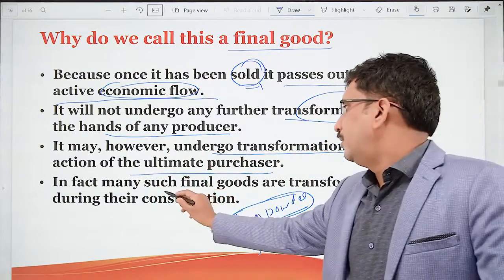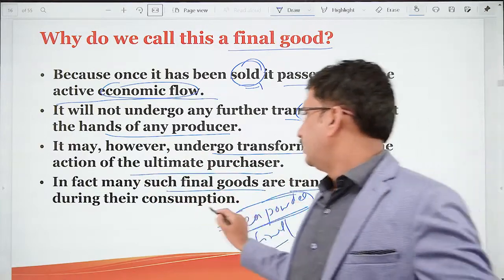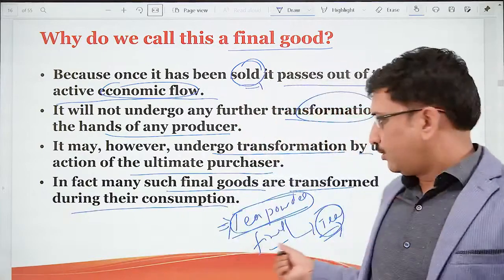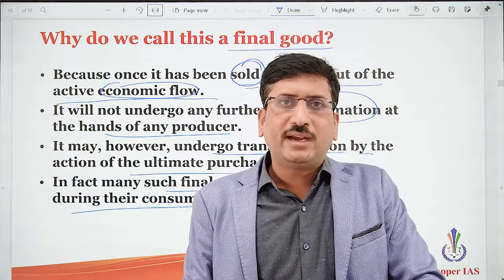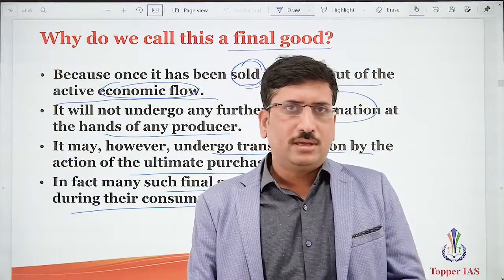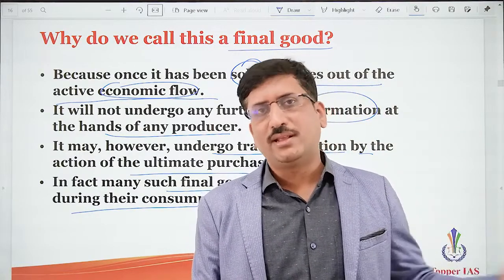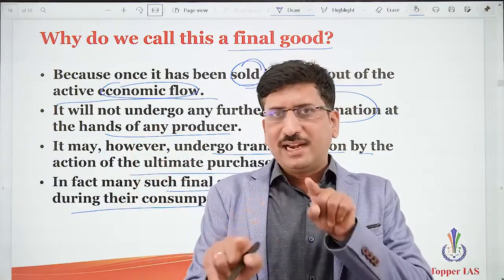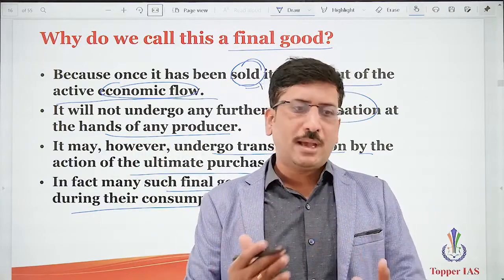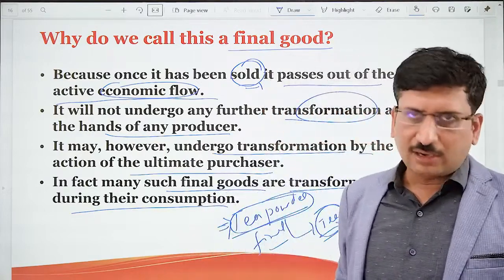In fact, such final goods are transformed during their consumption. Like in the home also, we prepare tea, but we cannot consider that as the final. Conceptually, yes, it is, but in the concept of economy, where the final transaction for money exchange happens, then we can consider this a final good.